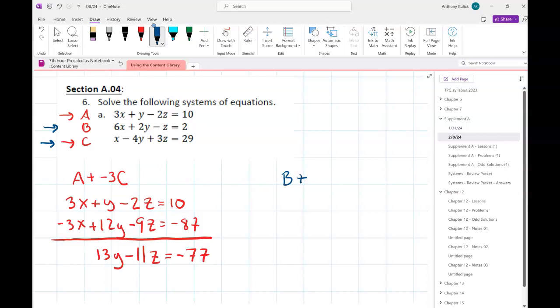Okay, so I'll do B plus negative 6 times equation C. So I didn't do anything to equation B. And then we'll multiply equation C by negative 6. 174, I think.